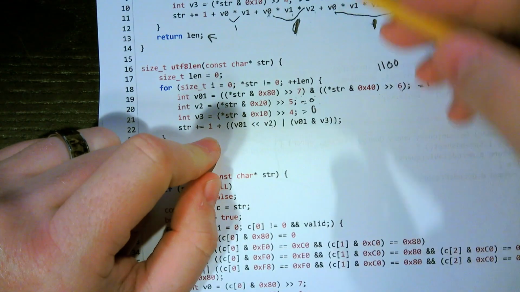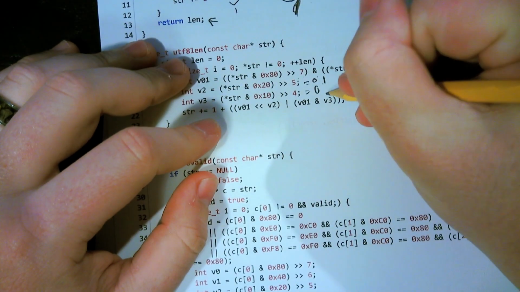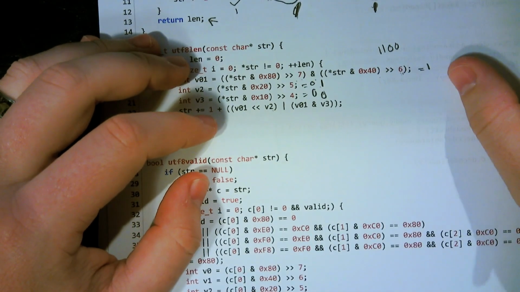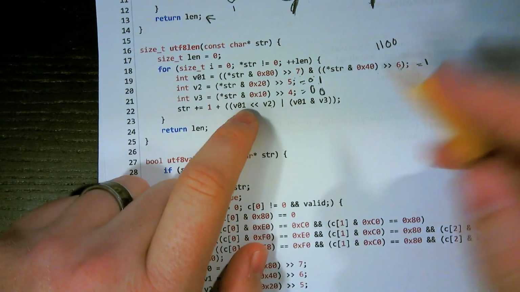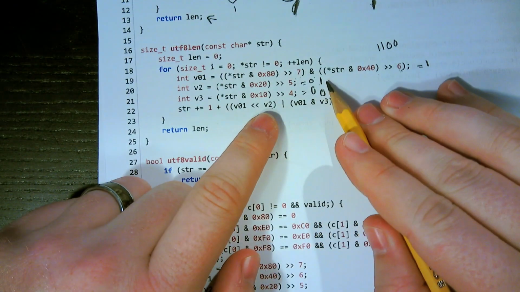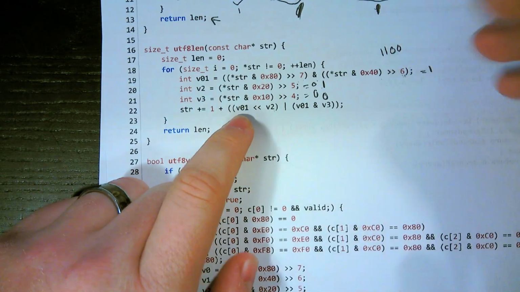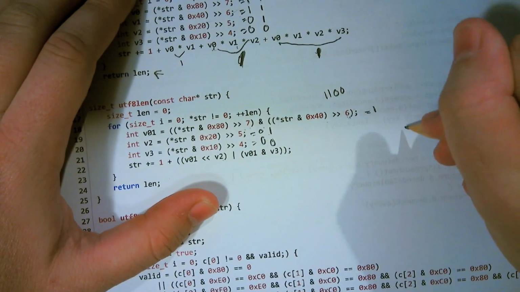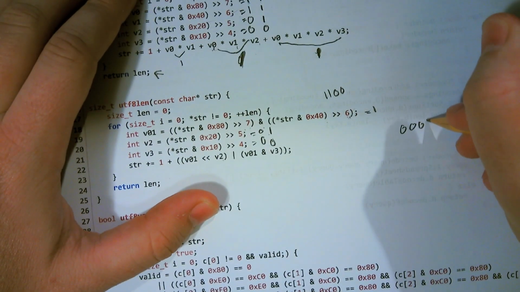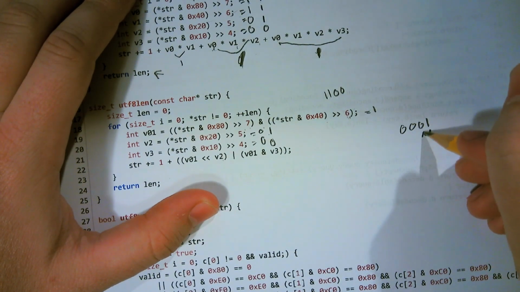So now let's take the next case where it's 1, 1, 1, 0. So let's put a 1 here and a 0 in this case. So here now we have v1 shifted by v2, and v2 is 1. If we shift 1 over one place to the left, so if we had 0, 0, 0, 1, right? Let's just deal with 4 bits here, and we shifted it one place here.